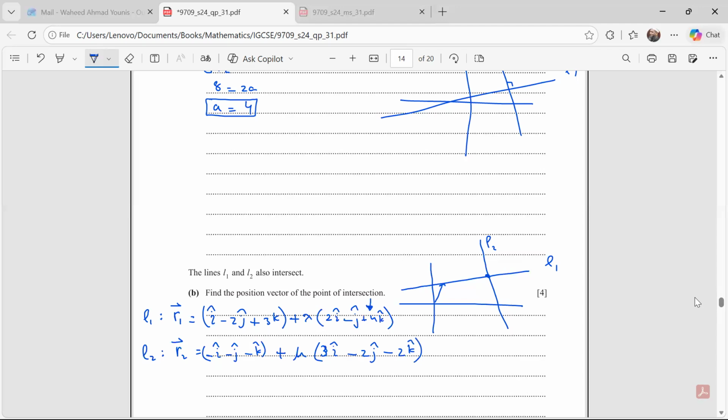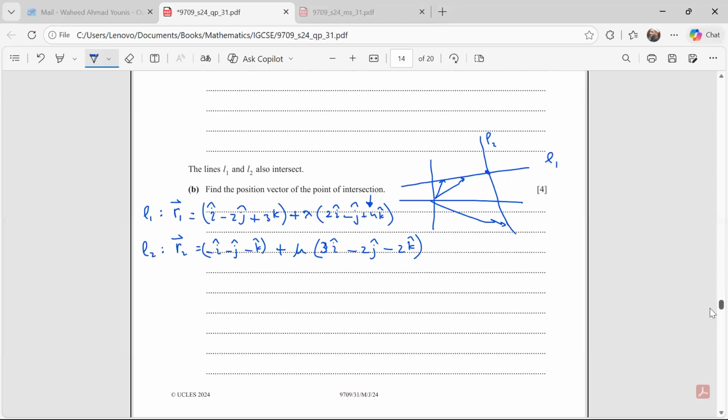Anyway, okay, so if these two lines intersect each other, then these vectors are R1 and these vectors are R2 for the second line. At some point, R1 and R2 are the same, at the point of intersection. And if they are the same, of course, I can say this R1 vector is the same as R2 at the point of intersection.